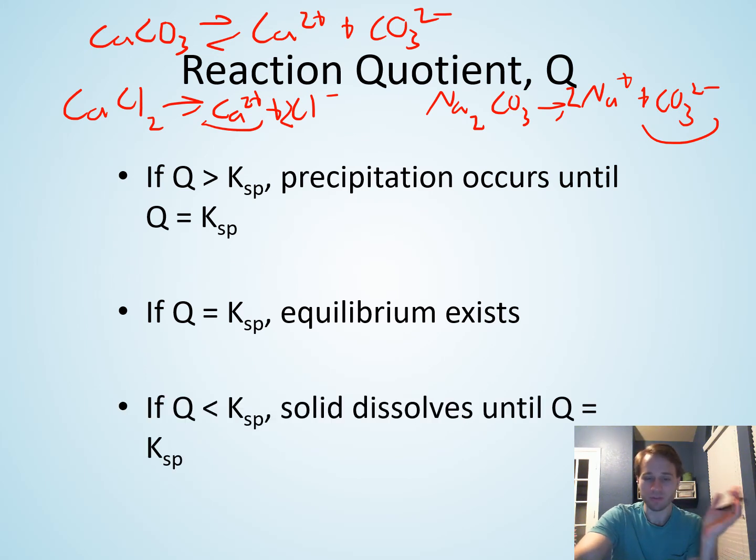If Q is less than Ksp, then you have an unsaturated solution, so you can dissolve more calcium chloride and sodium carbonate until eventually you reach Q equaling Ksp, a saturated solution. And if Q is greater than Ksp, you could think of that as a supersaturated solution, and then the solid is going to start precipitating out very quickly from that solution.